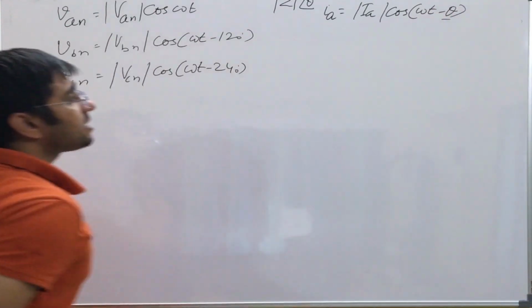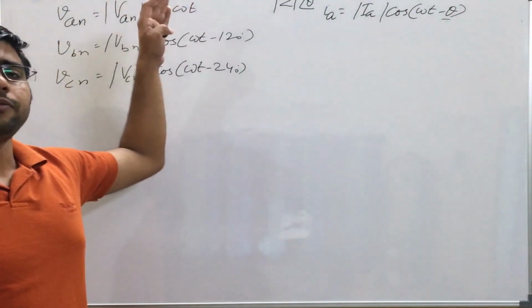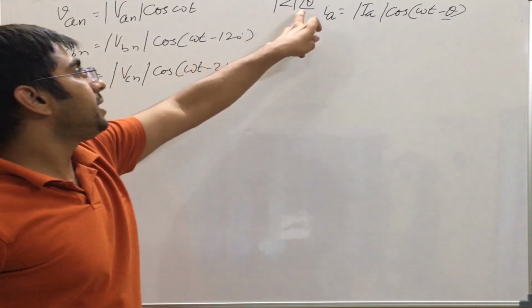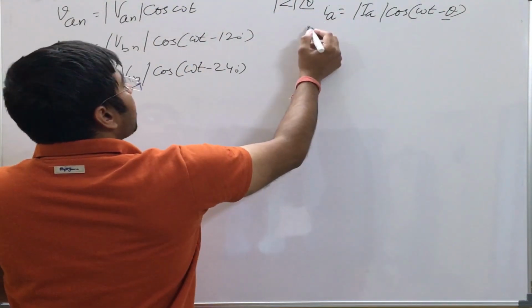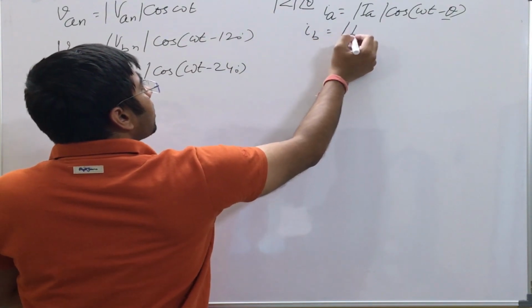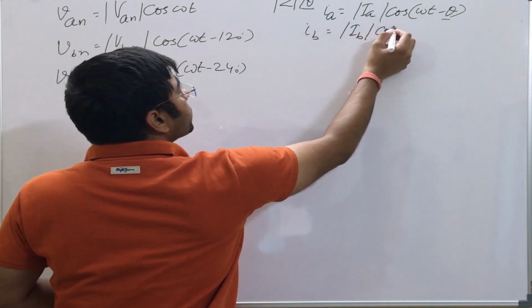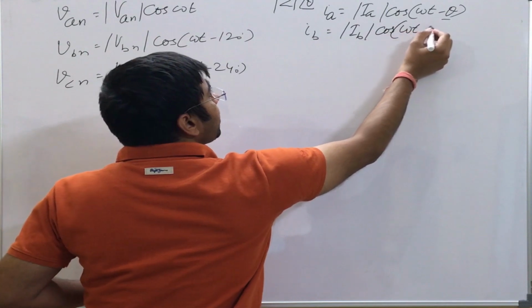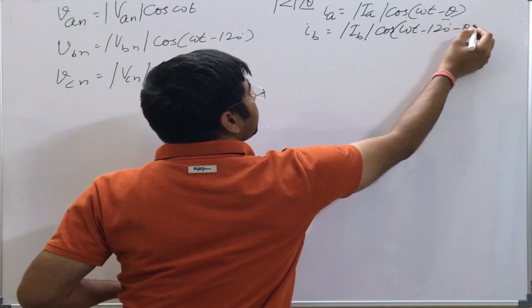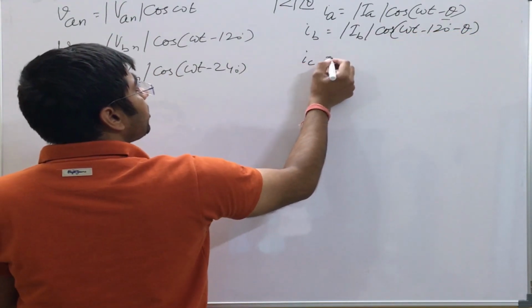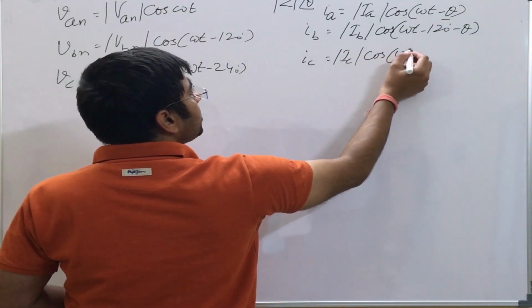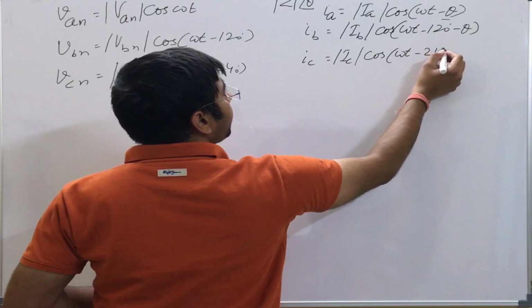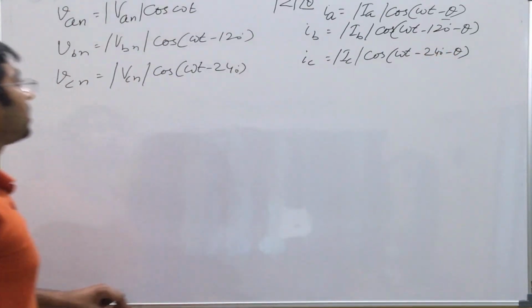That is, there will be some phase difference between the voltage and the current, which will be the impedance angle. IB will be IB cos(omega t minus 120 degrees minus theta), and IC will be IC cos(omega t minus 240 degrees minus theta).